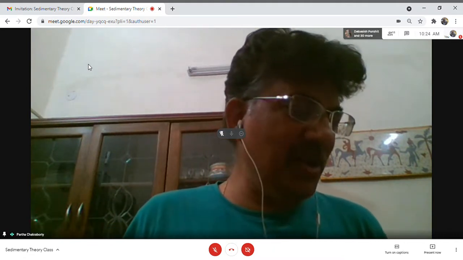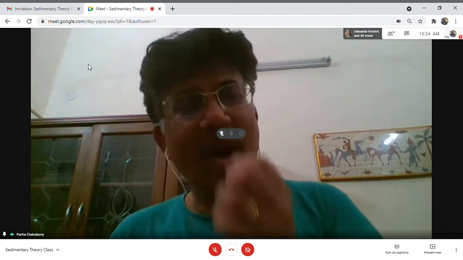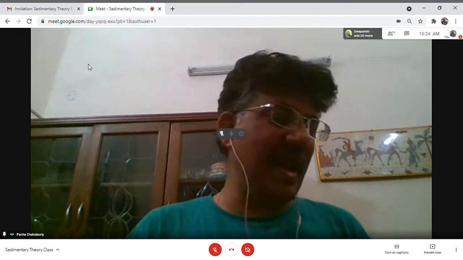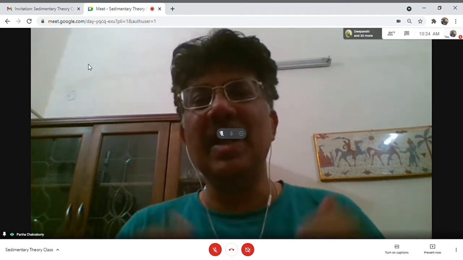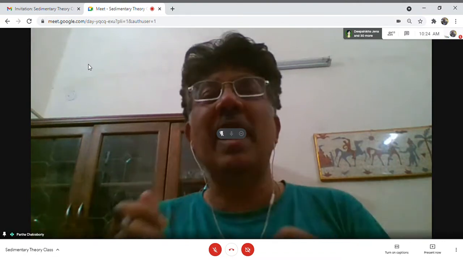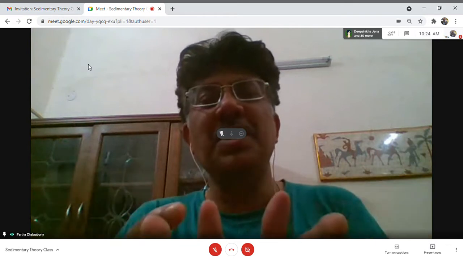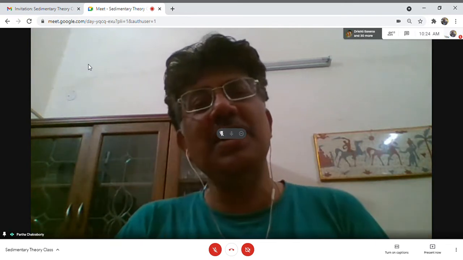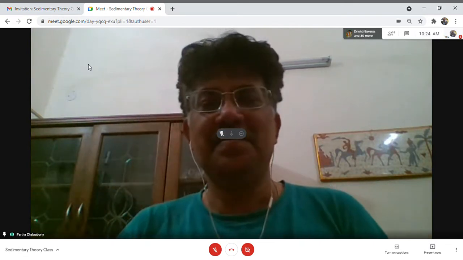Now coming on to the recycled orogen. As the diagram shows, there is a kind of docking. Now the docking can be of two types. It can be a docking between two continents or a docking between a continent and a magmatic arc.